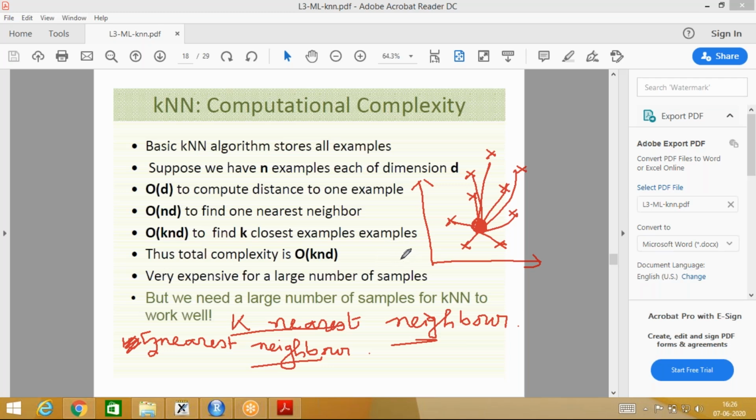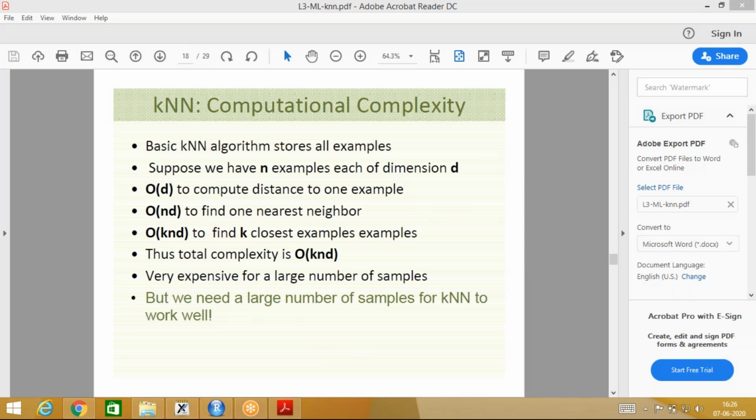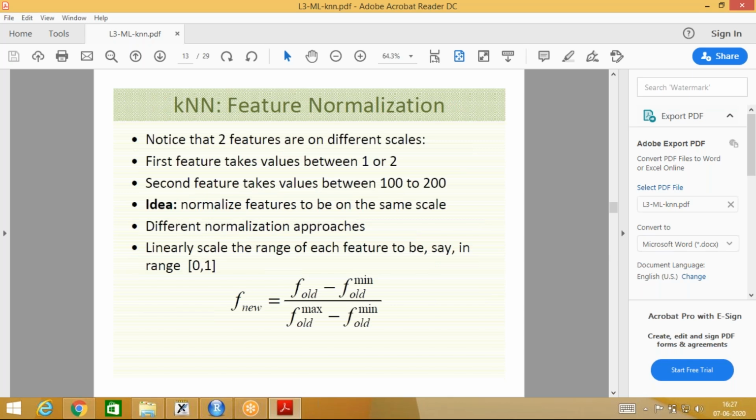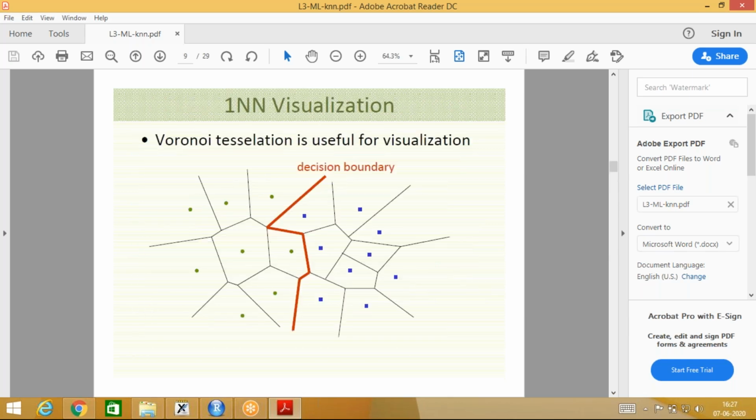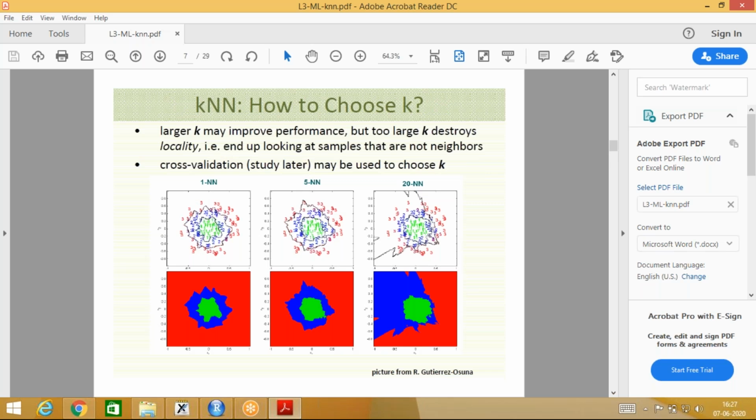To solve this problem, we have to take k in such a way that the calculation complexity does not blow up, overfitting does not happen, but still it is not so low that noise can create a problem. So this is an art. There is no science involved in this one. This is, I would say, a trial and error method.